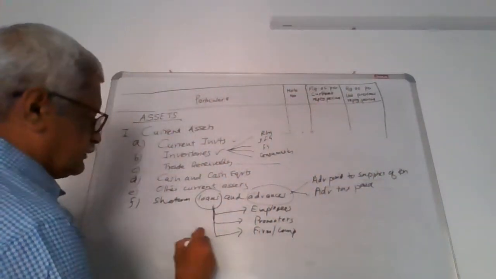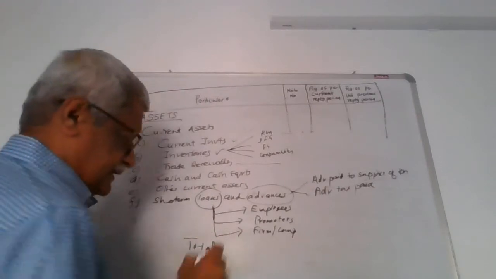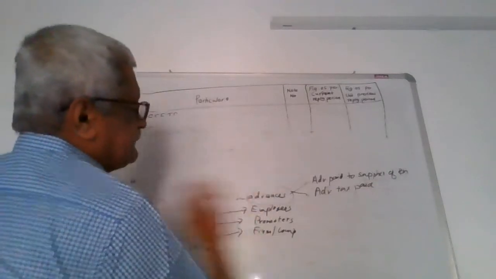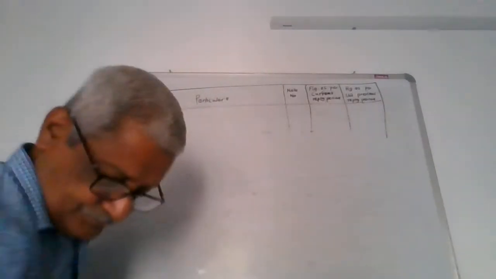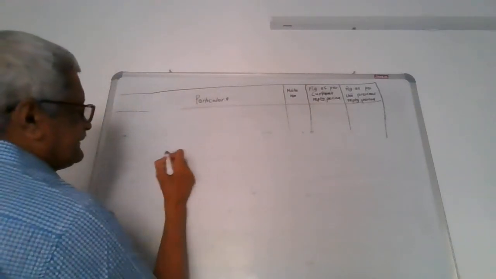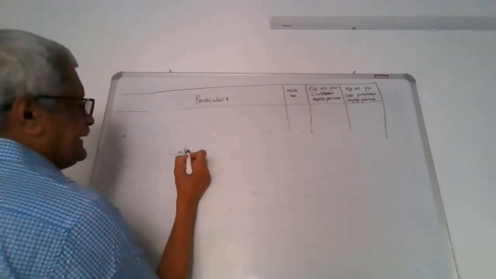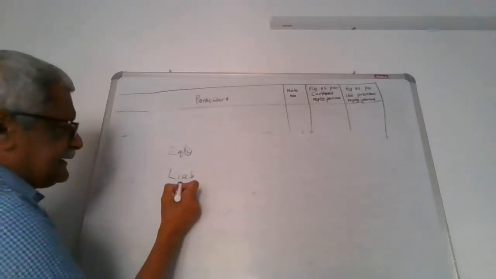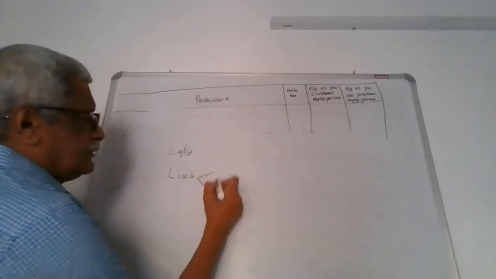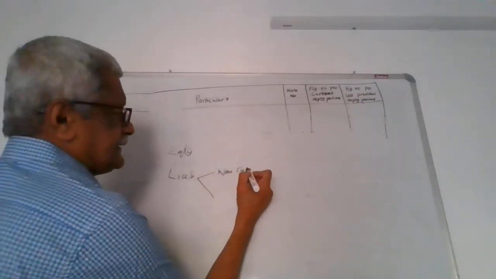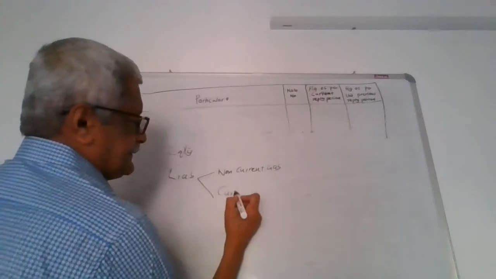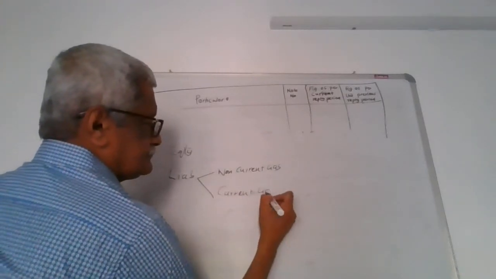Then the total of all assets will come. Now, to connect the liabilities and assets together, on the liability side we have equity and liability. And the liabilities are again divided into non-current liability and current liability.